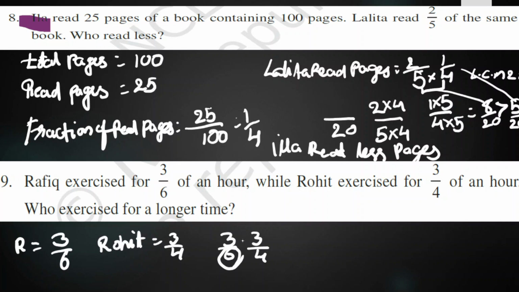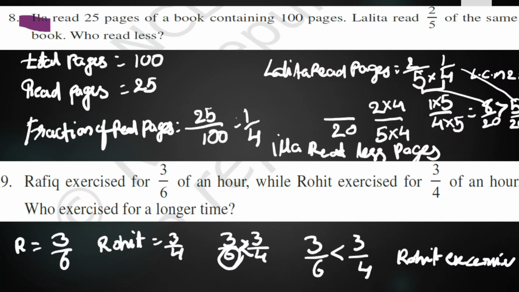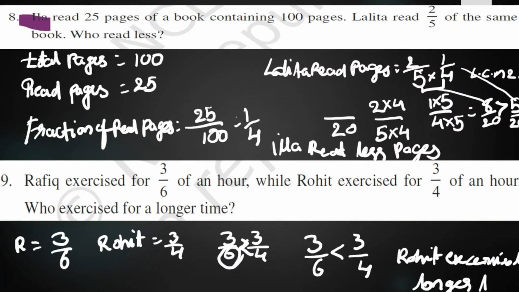Here 6 is the greater denominator, so 3/6 is less than 3/4. So Rafik exercised for less time and Rohit exercised for a longer time.